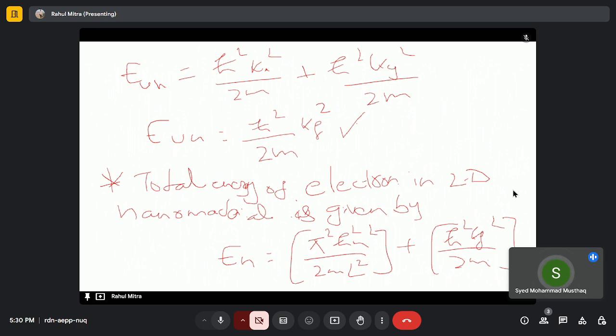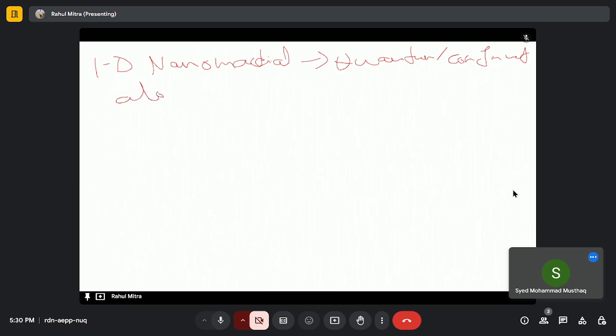And in the case of one-dimensional nanomaterials, quantum confinement will be along the x and y directions, right?